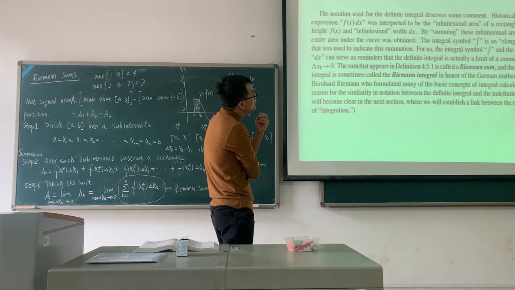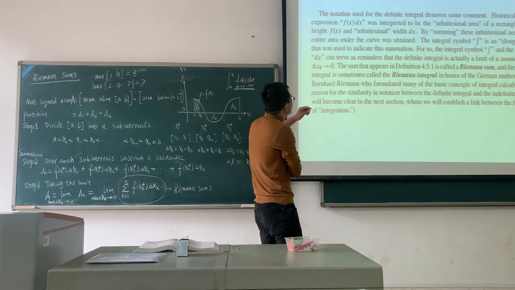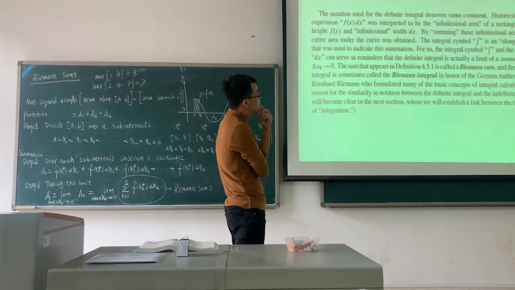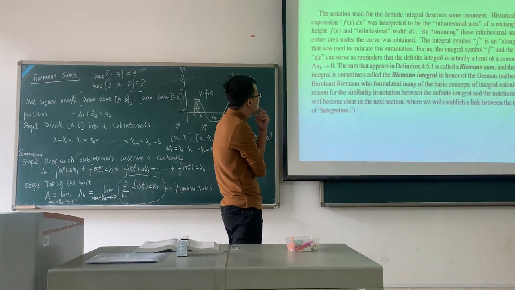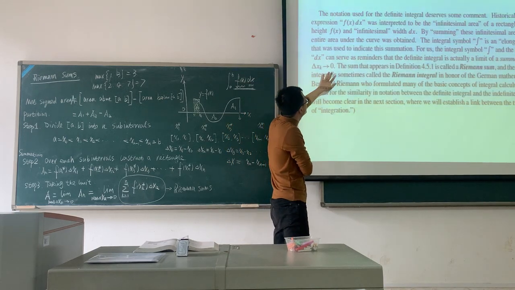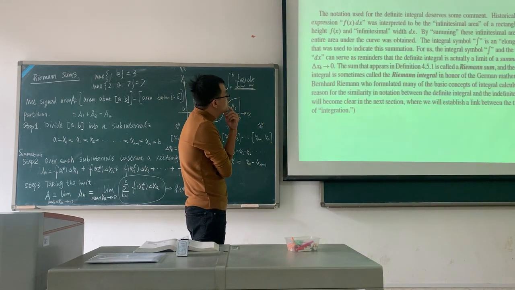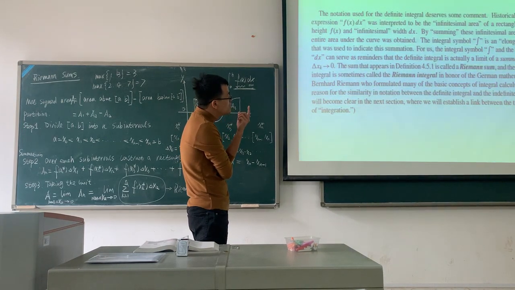For us, the integral symbol and the symbol dx can serve as reminders of the definite integral. It is actually a limit of summation as Δxk approaches 0. The sum that appears in this definition is called the Riemann sum.